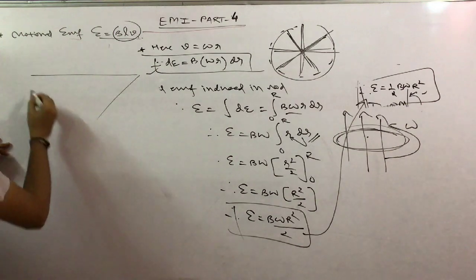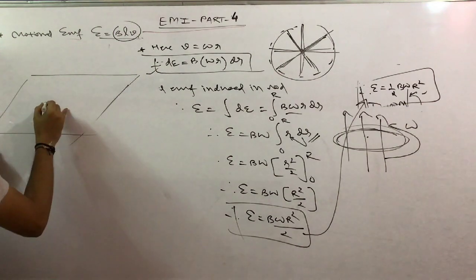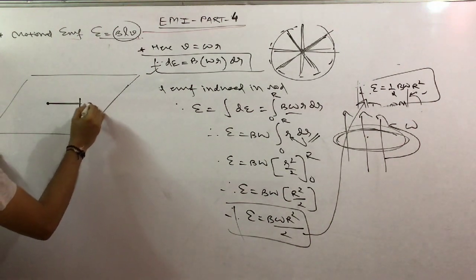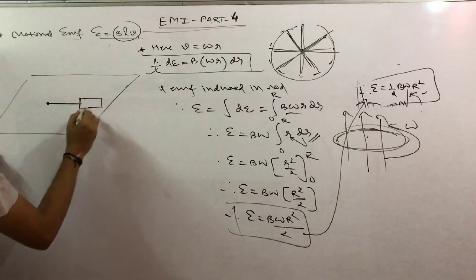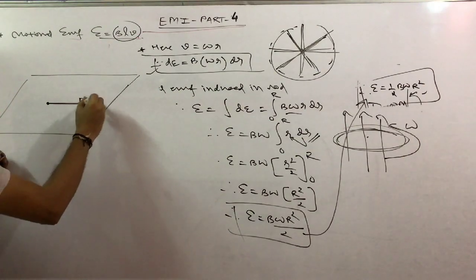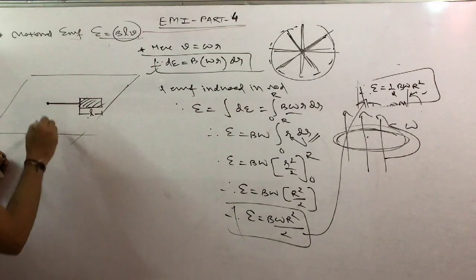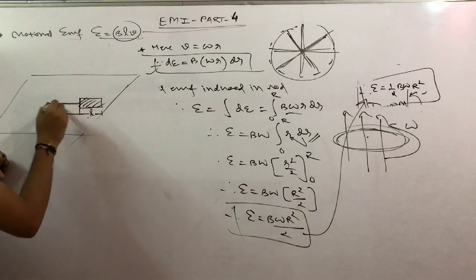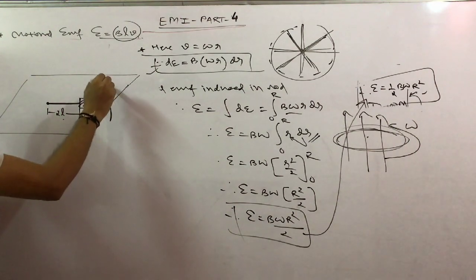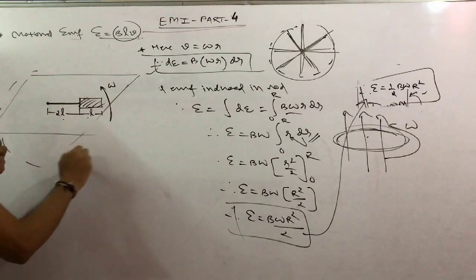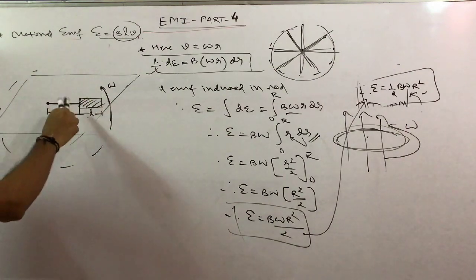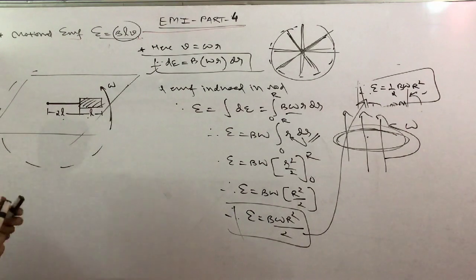Suppose this type of plane surface is given and there is a string, and at the free end of the string there is a metallic rod of length L. This is your metallic rod. The length of this rod is L, and the length of the string is given as 2L. If this rod performs this type of circular motion with angular speed omega inside the magnetic field B, the magnetic field is already perpendicular, don't forget.